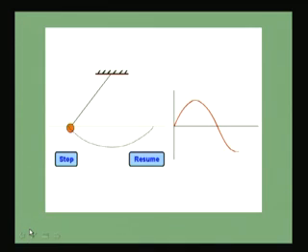There is another example, of the pendulum, which is shown here. You can see as it is oscillating, this is the mean position of the pendulum, and this is the extreme position of the pendulum.